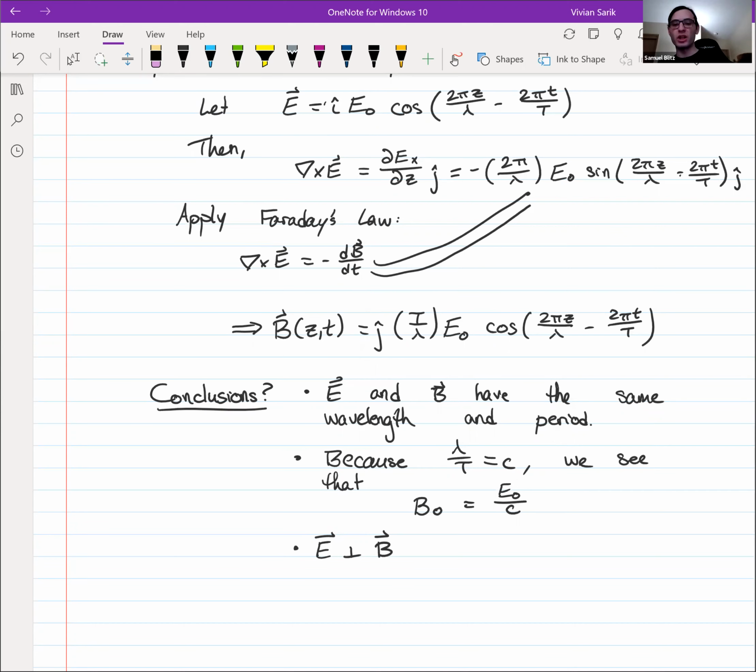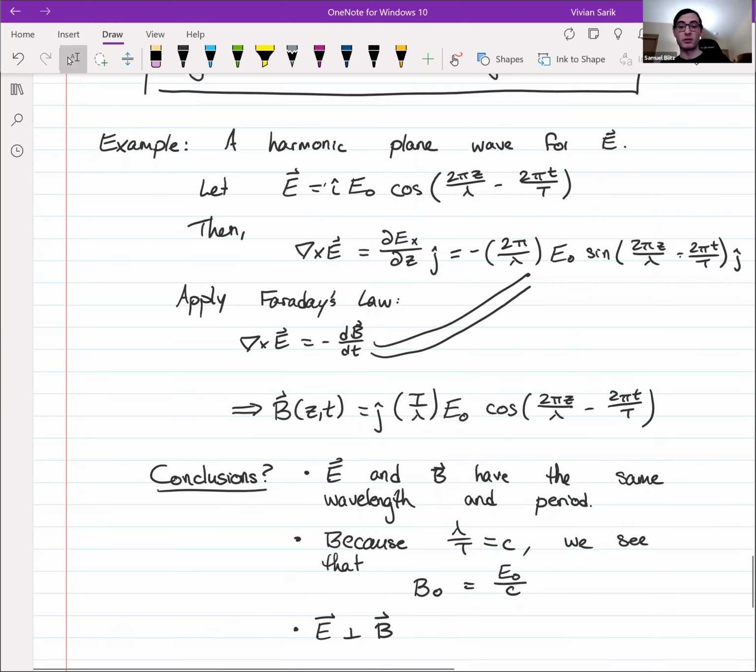So we can conclude a lot just from this simple example, and you'd find that if you tried a more complicated example, like a wave pulse or a photon packet, this is still the case. You still have that the electric field is perpendicular to the magnetic field. The amplitudes are still related by a factor of 1/c, and they still have the same wavelength and periods.